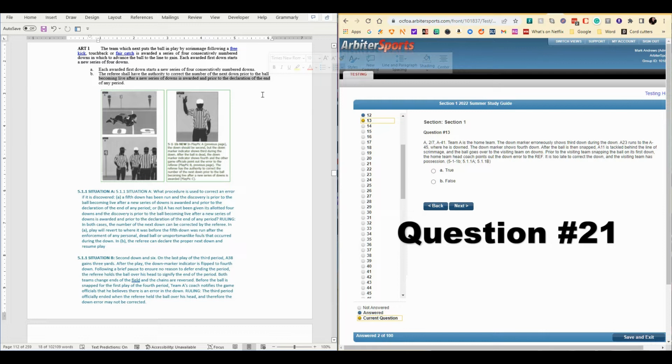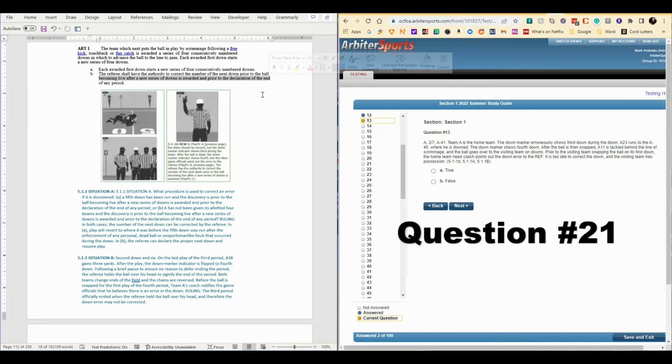So, as long as the ball has not become live by B, which is now A, we can correct this mistake, as long as it's not the end of a period.